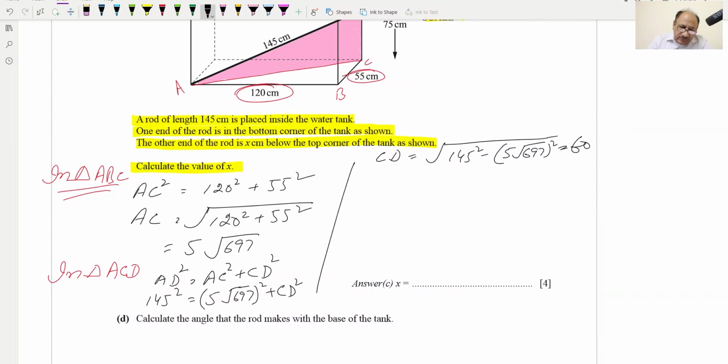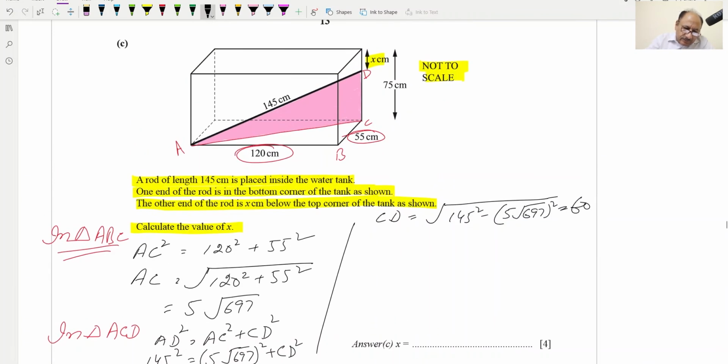So we got the CD value as 60. This is 60, so total is 75.